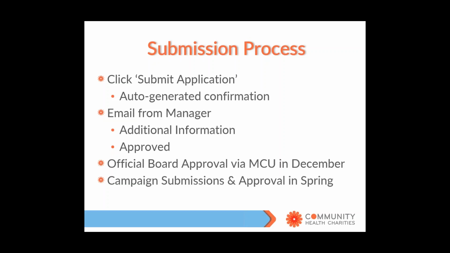Once your manager has a chance to review it, if you get it in earlier, you should get a response a little bit sooner. When we're working on 2,000 applications and everyone chooses to do them on October 25th, it may take us a little bit more time to get to you. But you will receive an email from your manager either asking for additional information, something that wasn't checked or signed, or you will receive an approval email.